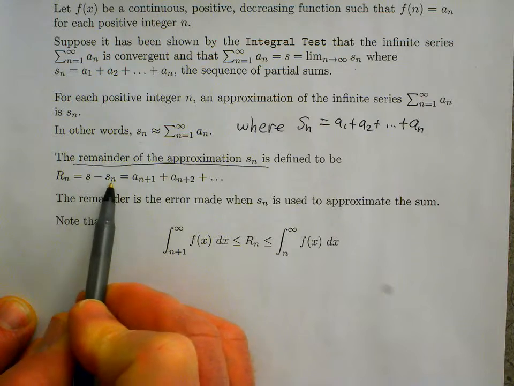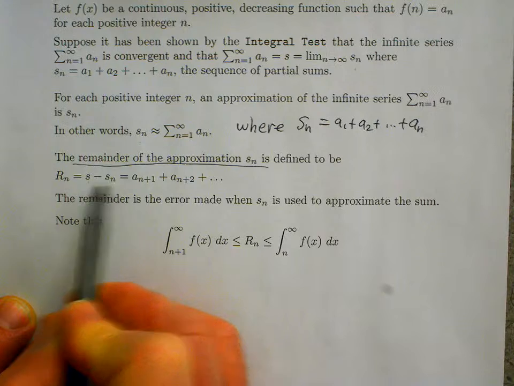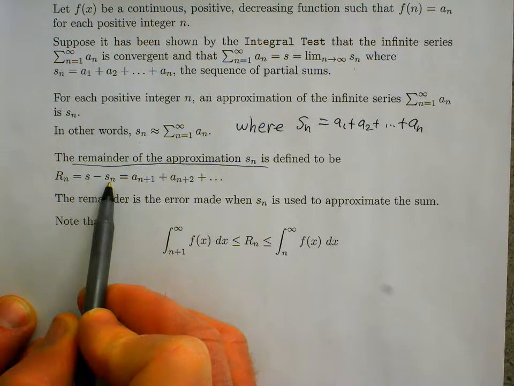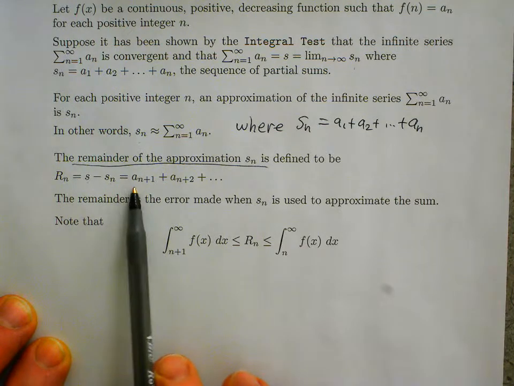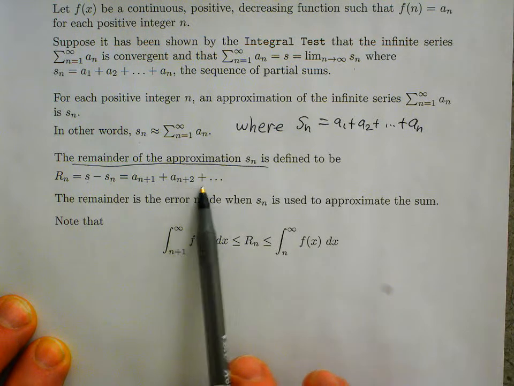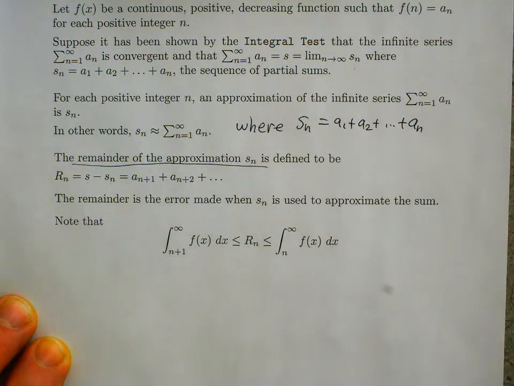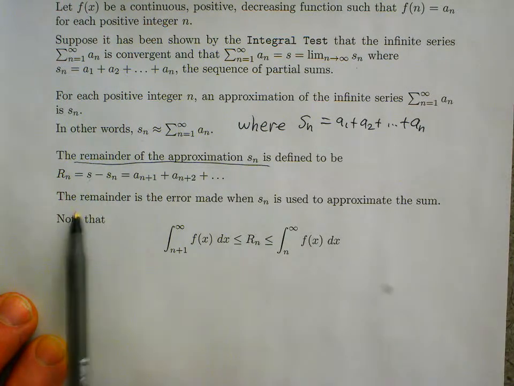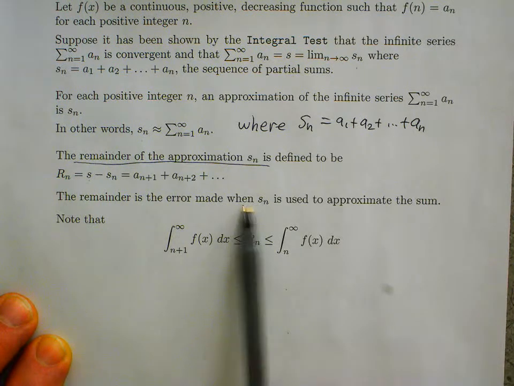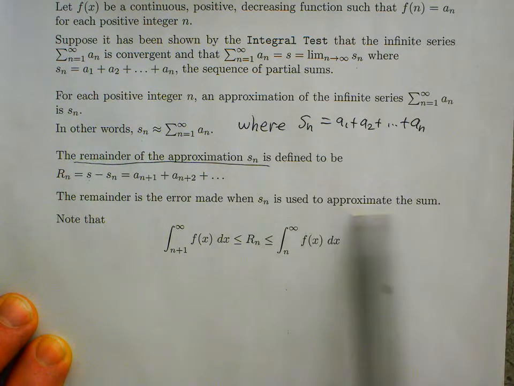If S sub n is used as an approximation for the sum, then the remainder is S minus S sub n, which just amounts to the terms a sub n plus 1 plus a sub n plus 2, and so on. The remainder is the error made when S sub n is used to approximate the sum.